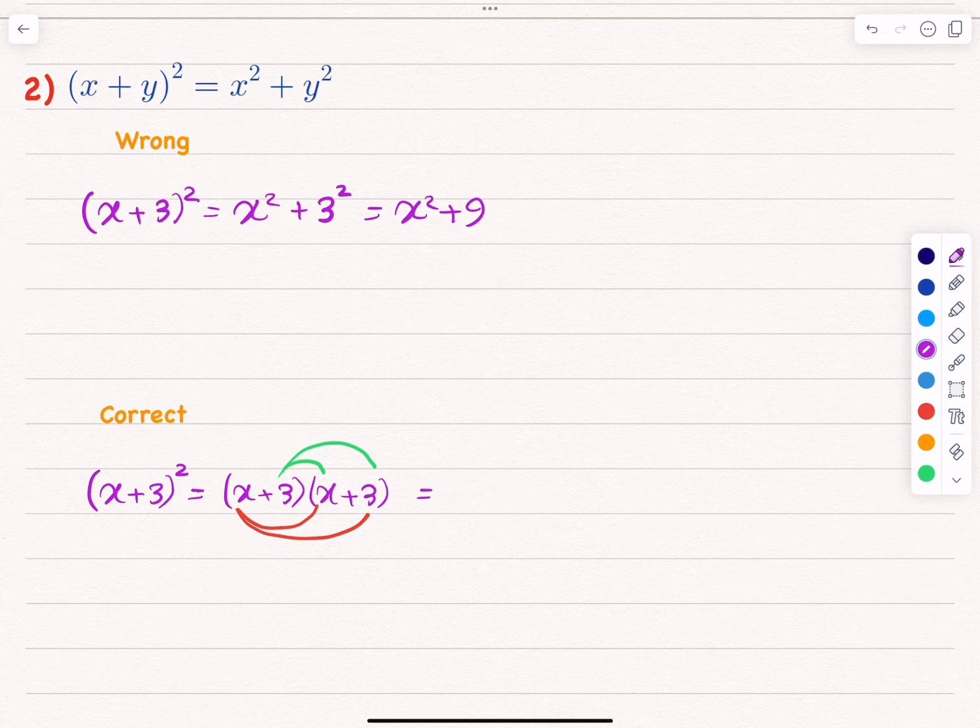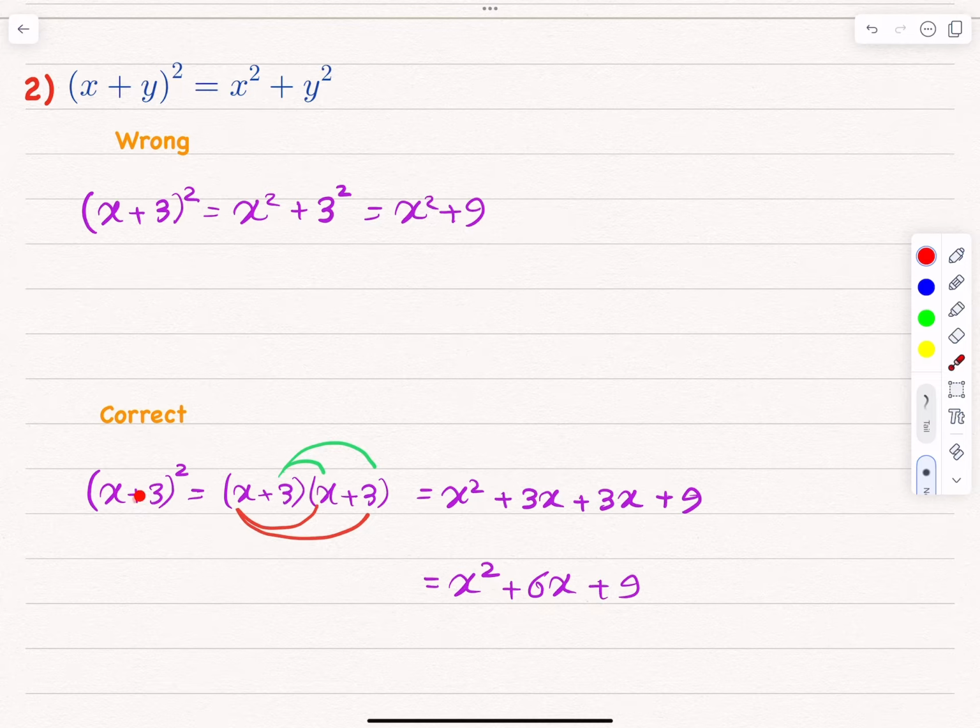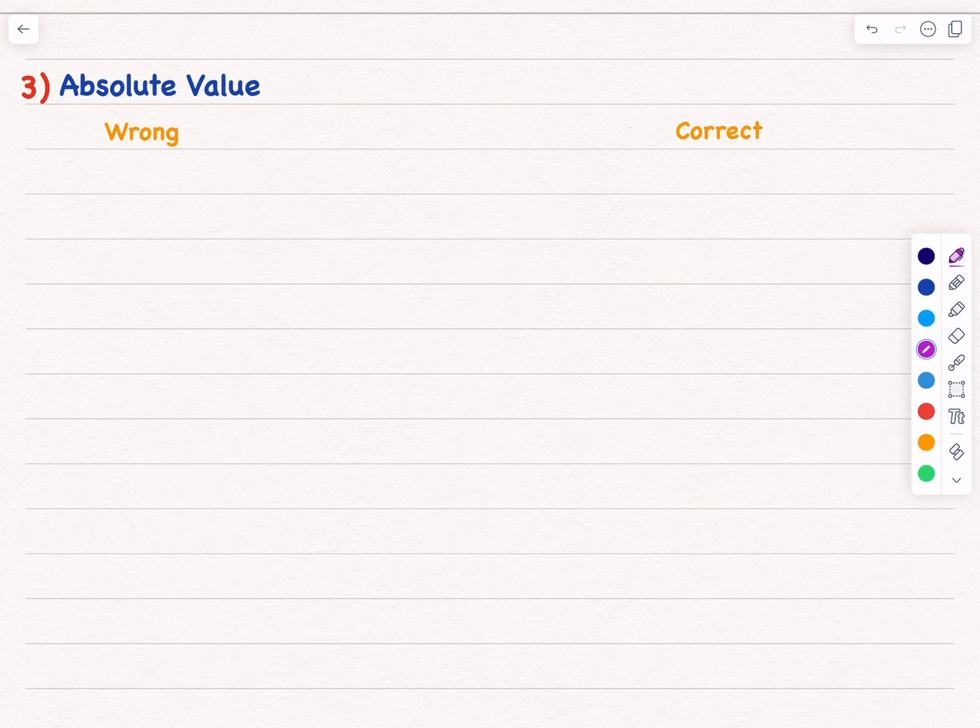X by x, we will get x squared, then x by 3, 3x, and then 3 times x, also 3x, and 3 multiplied by 3 would be 9. Simplify this, it will be x squared. Here we have 3x and 3x becomes 6x plus 9. So as we see, this is the correct way to expand this. Here, 6x is missing from this wrong solution.